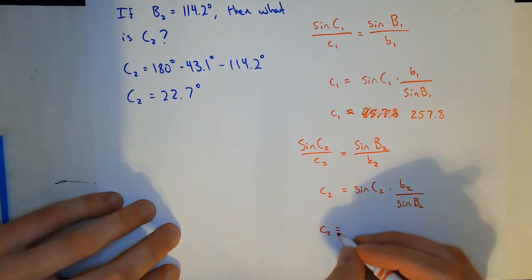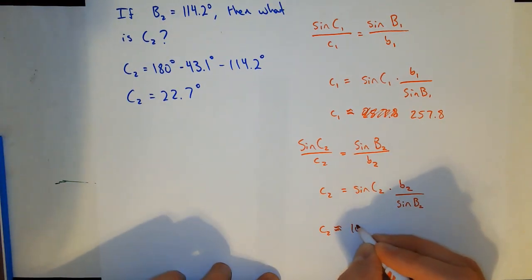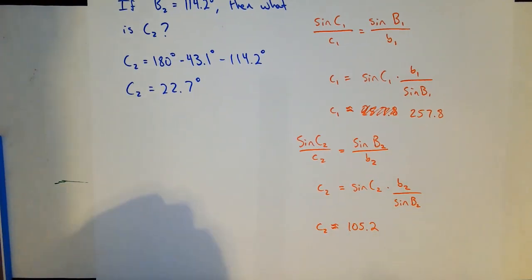So c2, I'm going to go ahead and just calculate it. c2 is 105.2 approximately.